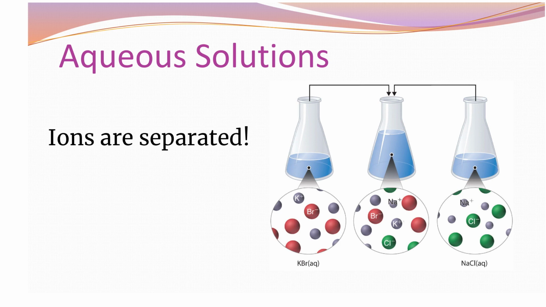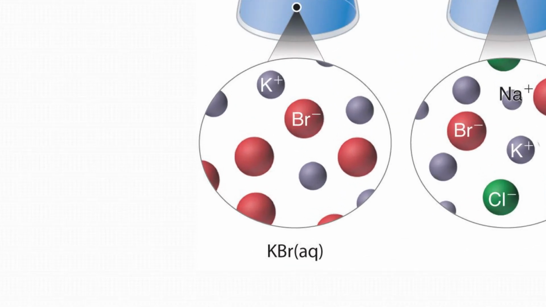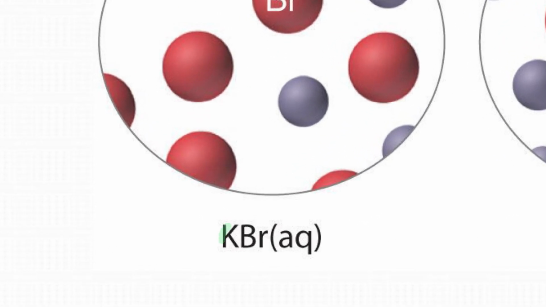So it's important conceptually that you understand what aqueous means and what a picture of an aqueous solution would look like. If we take a look at KBr right here, it says aqueous, so that tells you it can dissolve in water. That means there's going to be a 1-to-1 ratio: every 1 potassium, there's going to be 1 bromine, 1 potassium, 1 bromine, and so on.